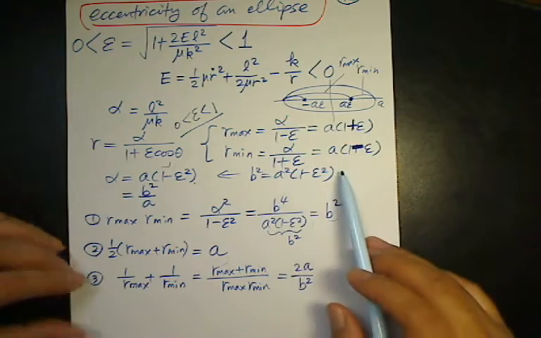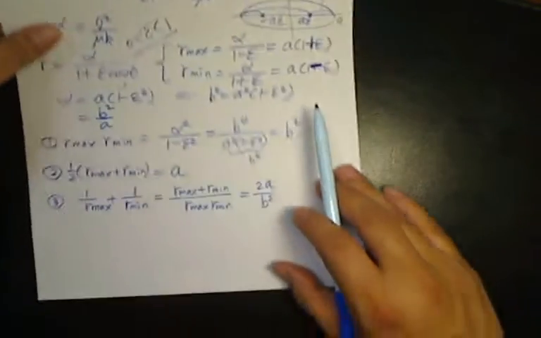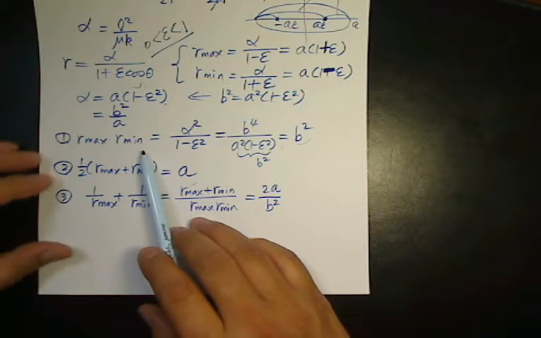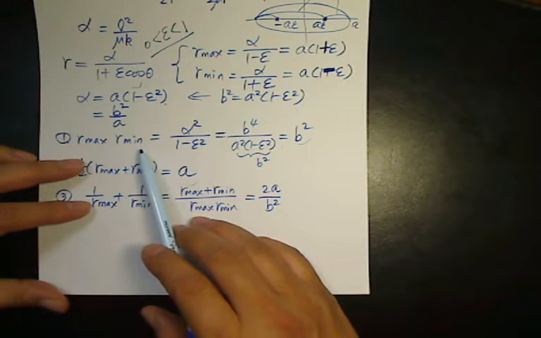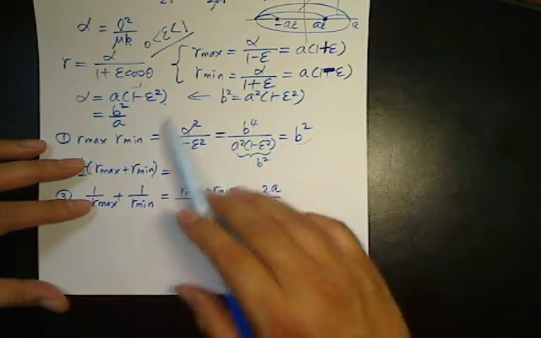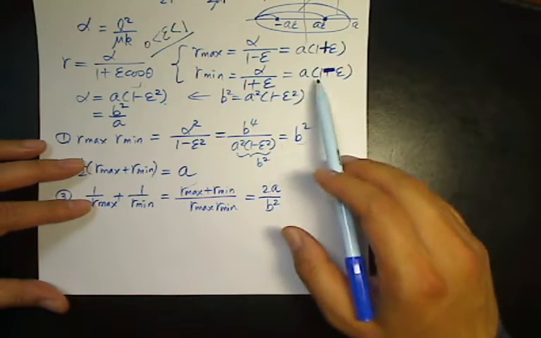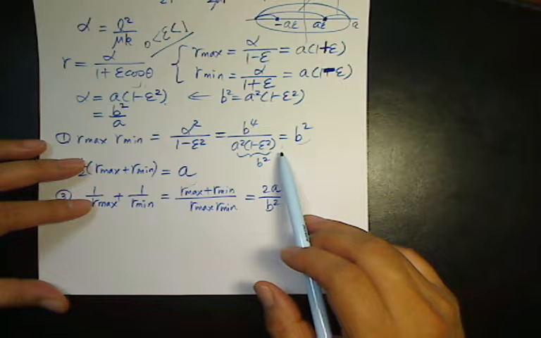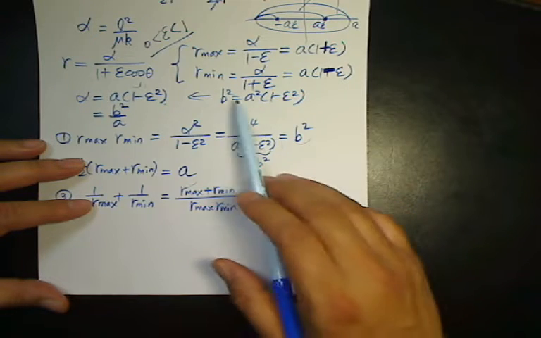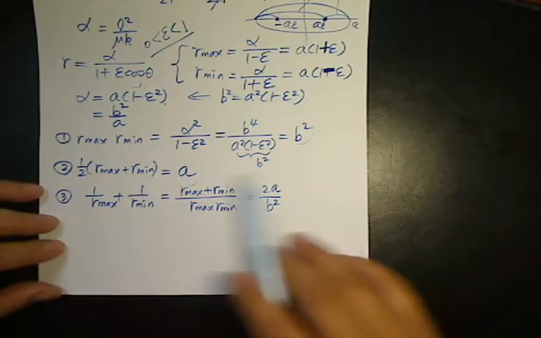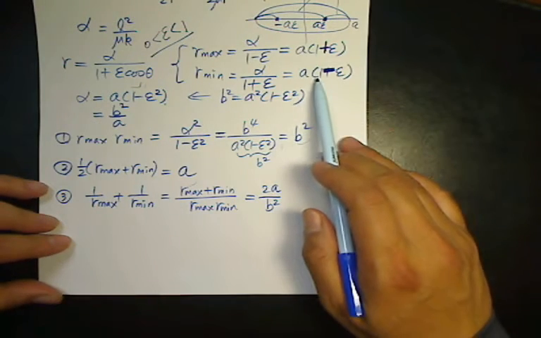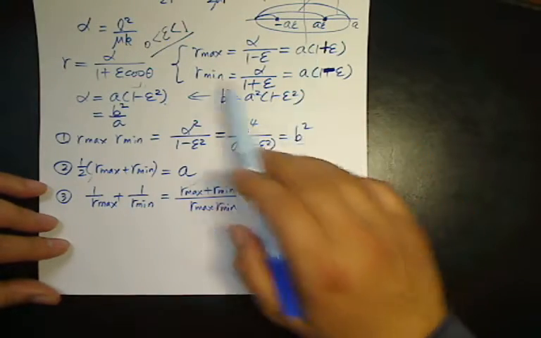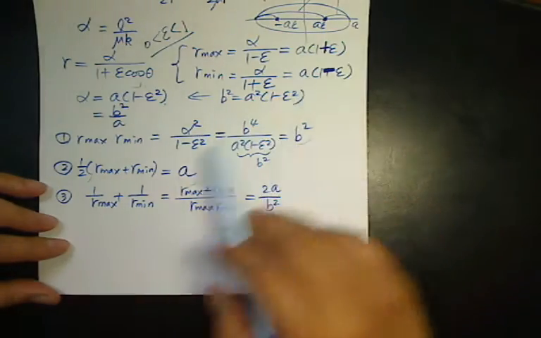Using these expressions, the product of r max and r min for the elliptic orbit is a squared times 1 minus epsilon squared. That is b squared. The sum of these two, the arithmetic average of r max and r min, is a.